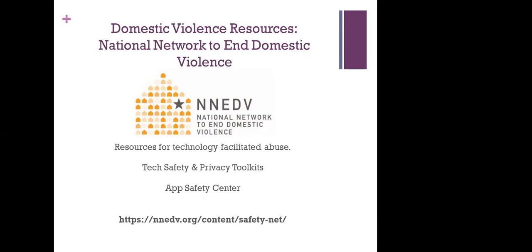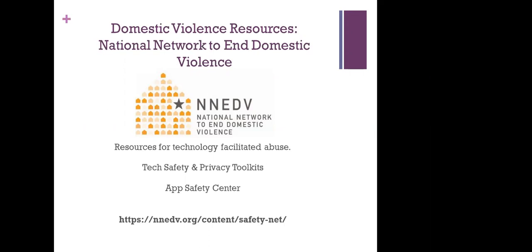Their website has a number of different resources. A big part of their website that we generally use, and folks who reach out to us generally use, is the Safety Net project. That is about technology being used to abuse, right? They have a lot of toolkits, not only for survivors and advocates, but also the App Safety Center.